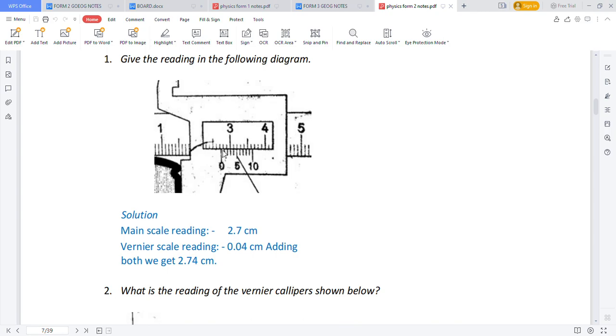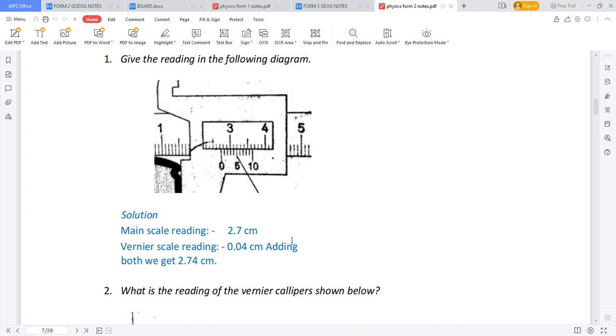So 2.7 is the value before the 0 mark of the vernier scale, and that is the main scale reading. So you are going to have 2.7 centimeters.